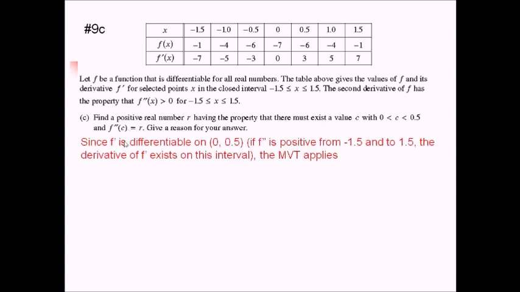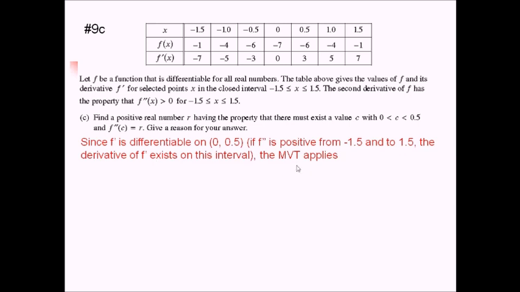Since f prime is differentiable on 0 to 0.5, and we know this because f double prime, they said, was positive on that interval, so if it's positive, it has to exist, that means we can use the mean value theorem to figure out what this r value has to be.